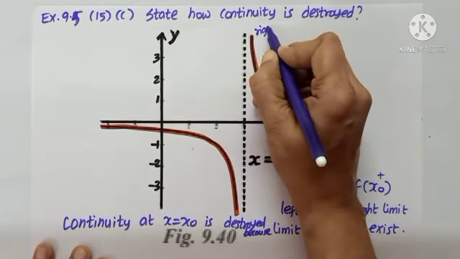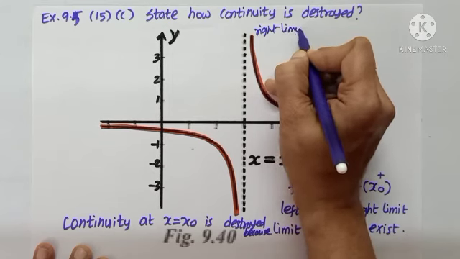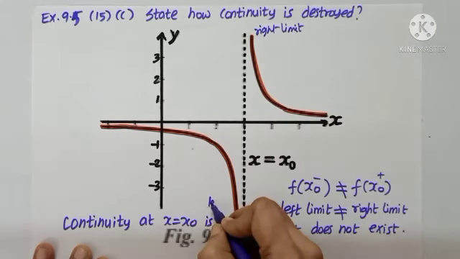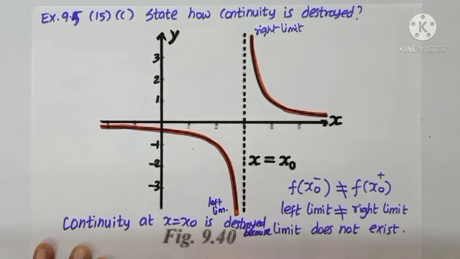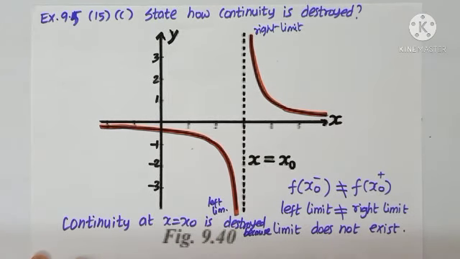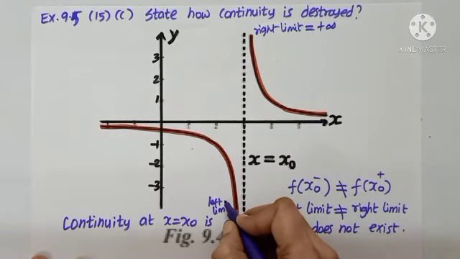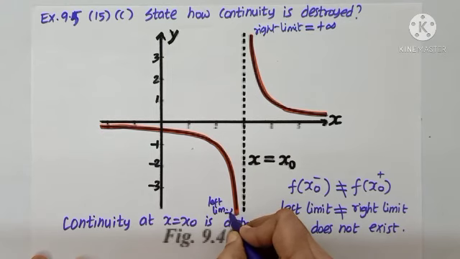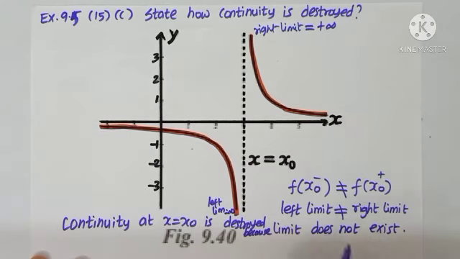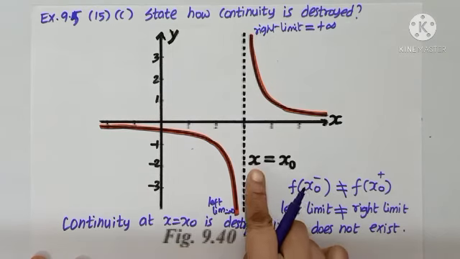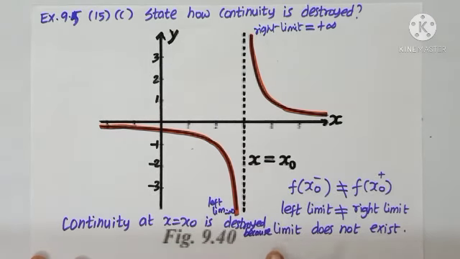And obviously, left limit is not equal to right limit. So we get right limit as plus infinity and left limit as minus infinity. And they are not equal, so we will immediately declare continuity at x is equal to x naught is destroyed because limit does not exist.